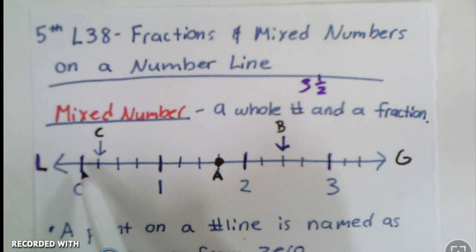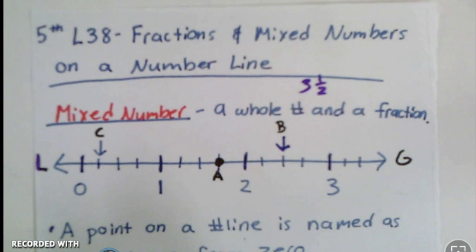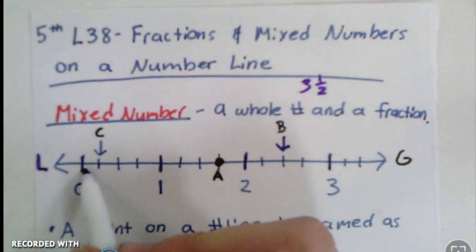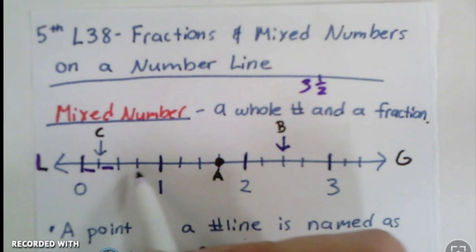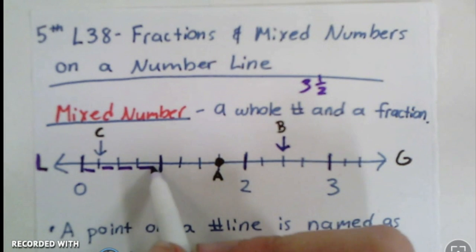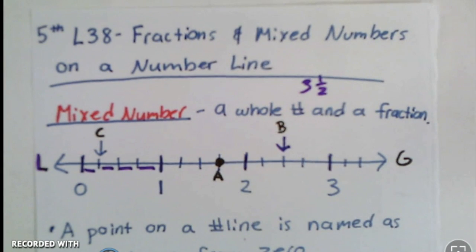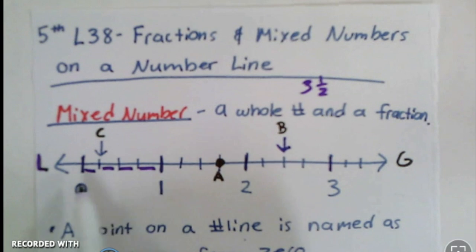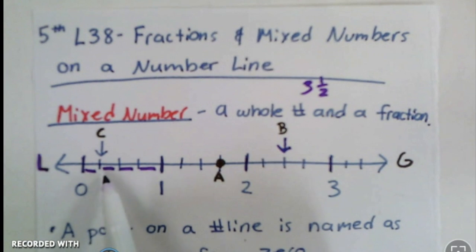The important thing is to figure out how many spaces the big space between each whole number is broken into, or how many parts there are. So between 0 and 1, I have 1, 2, 3, 4 parts. So this whole between 0 and 1 is broken into 4 different parts.